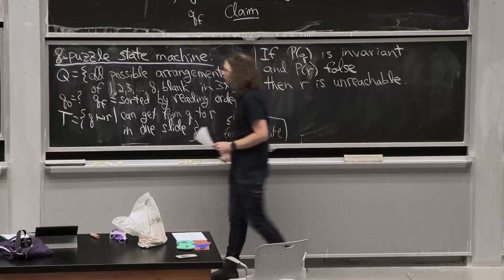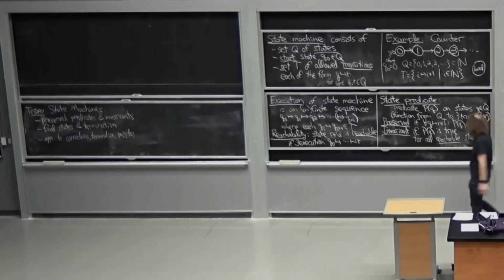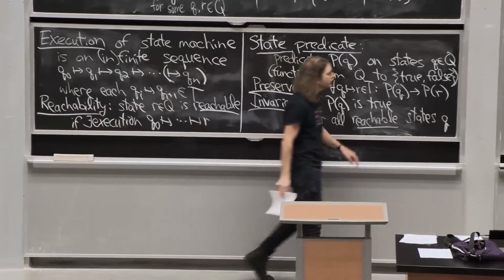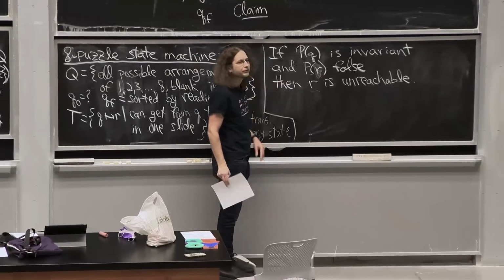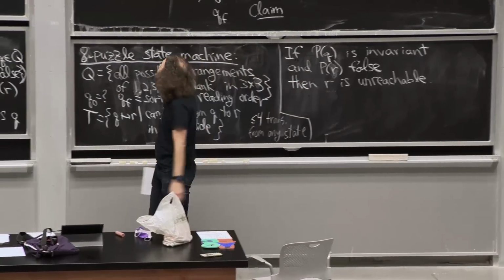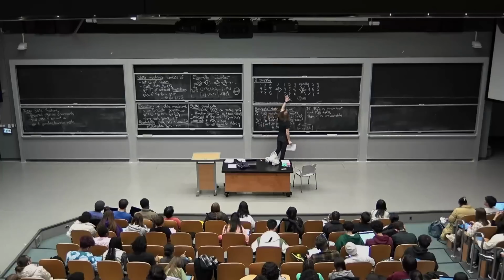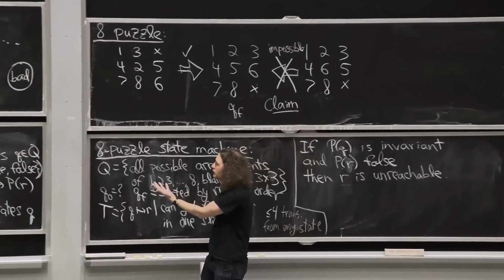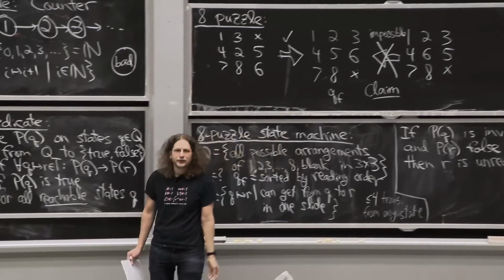OK, that's pretty much by definition, and maybe the contrapositive. This is saying for invariant means that for all reachable states, P of Q must be true. So if I can find a particular state R where P is false, that means you cannot reach it. And that's what we'd like to show, right? We'd like to show this state is unreachable from this one. So maybe we can use these state predicates to do that. And indeed, we can.